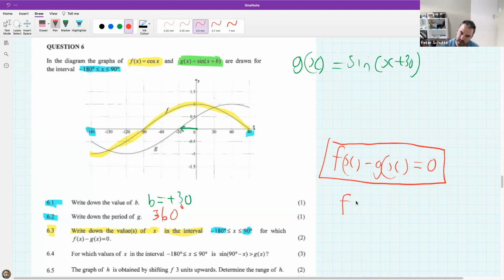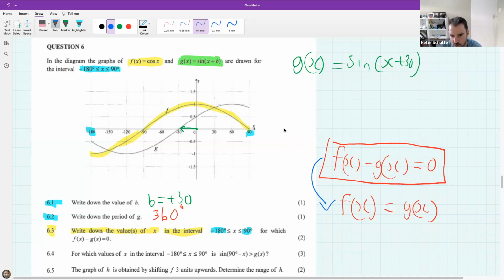Give me a thumbs up if you understand why f of x minus g of x equals 0 is the same as f of x equals g of x.